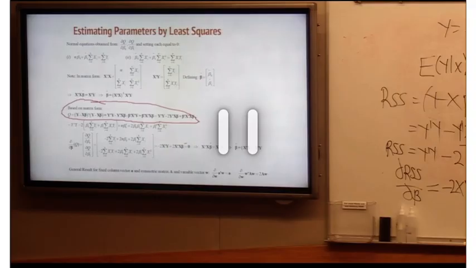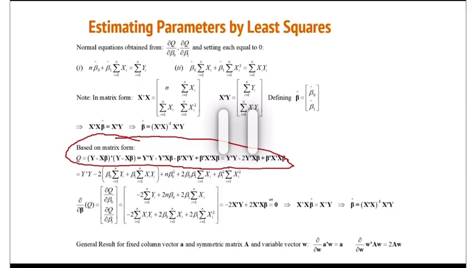Now the next, I said something the other time: statistics is like a story. We understand how to simultaneously estimate our parameters in the simple linear regression model. What is the next thing?